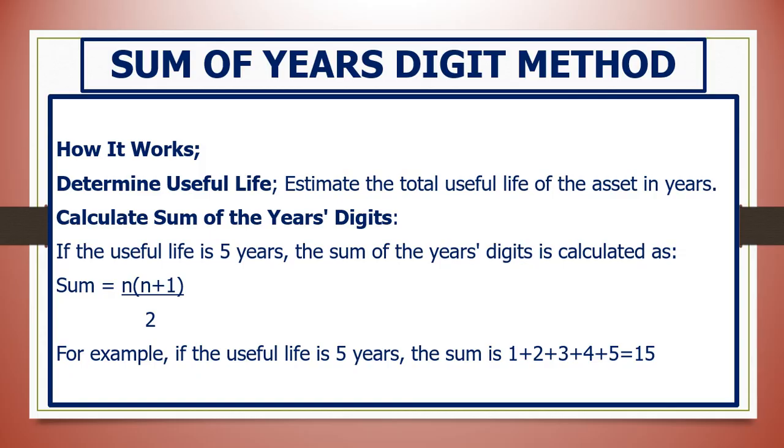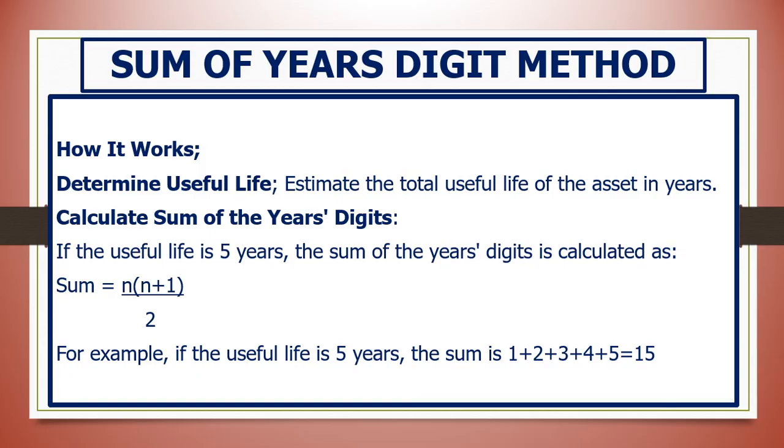If you want to compute depreciation using this method, or if maybe your entity has adopted this method, this is how you compute. First of all, you need to determine the useful life of the asset. If, for example, you bought a motor vehicle, you need to first determine how long this motor vehicle will be used by this entity. First determine the useful life.